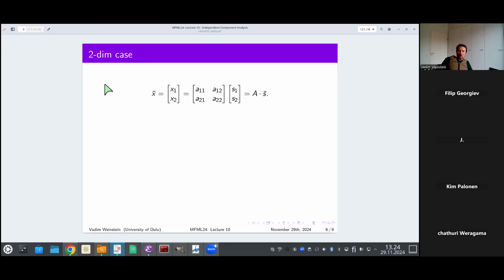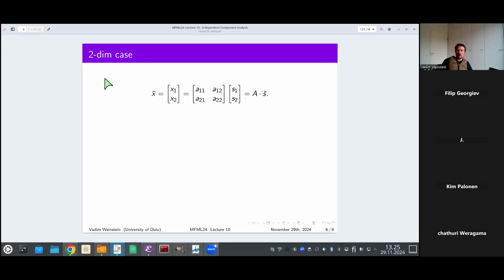All right, in the two-dimensional case, this is our ICA problem, as you remember from last lecture. S1, S2 are the signals coming from two different, let's say, sound sources or two different brain imaging sources, and you multiply them by this mixing matrix, which is unknown, and you get the observations x1, x2.